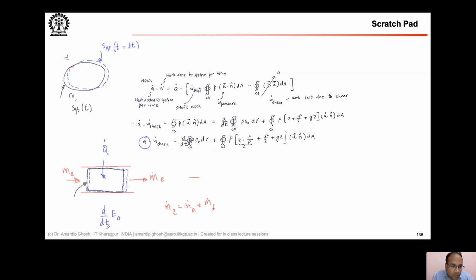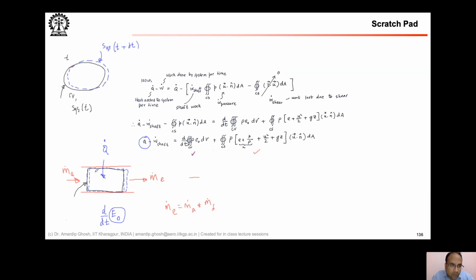But instead of looking at this blob that is moving, we fix our attention to that black boundary control volume, and then we come to the right hand side. So we fix the control volume given by the black boundary here, and then we look at these things.